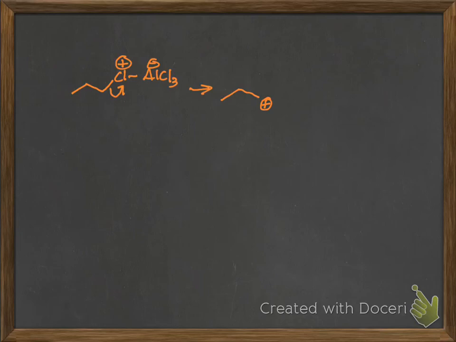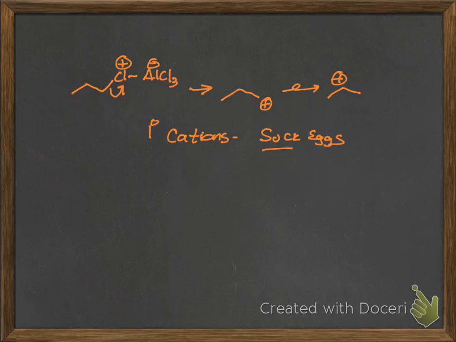Now, hopefully you're looking at that and already getting heartburn, because even though I'm going to finish writing it out, what do we say about primary cations? They suck eggs. They're really unstable.